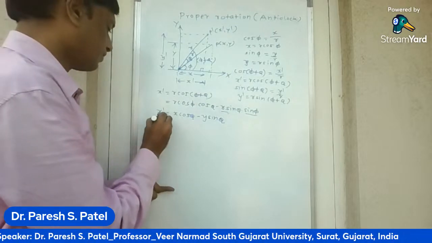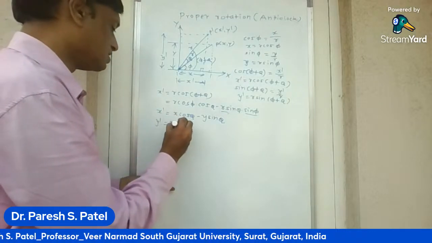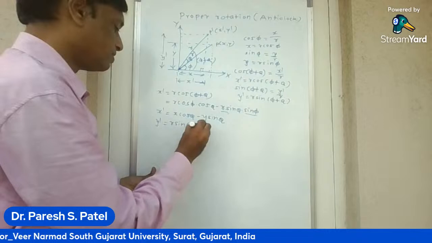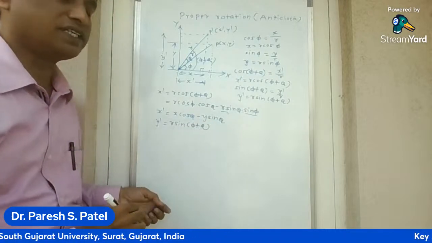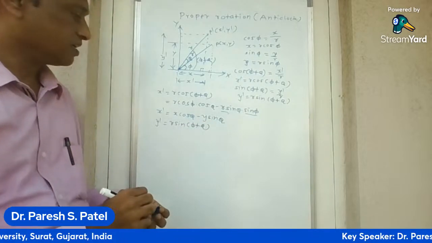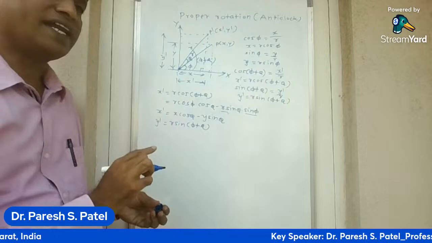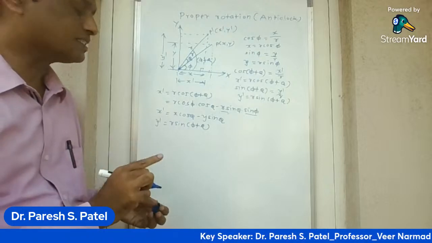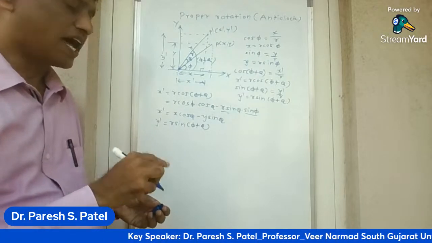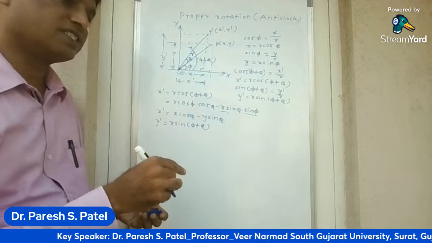Similarly, y dash is equal to r sin of phi plus theta. And we know that sin of a plus b is equal to sin a cos b plus cos a sin b.